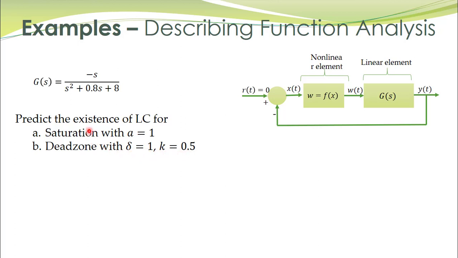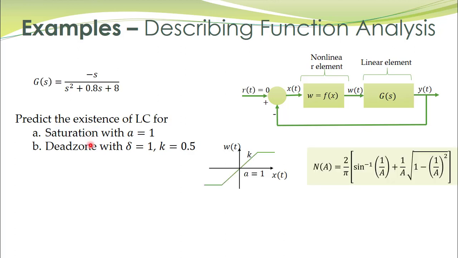We have already talked about these two nonlinearities, and we have derived describing functions for them. Here is a saturation nonlinearity with a equal to 1, and the slope is also equal to 1, not written over here, and the describing function for this nonlinearity is written over here.